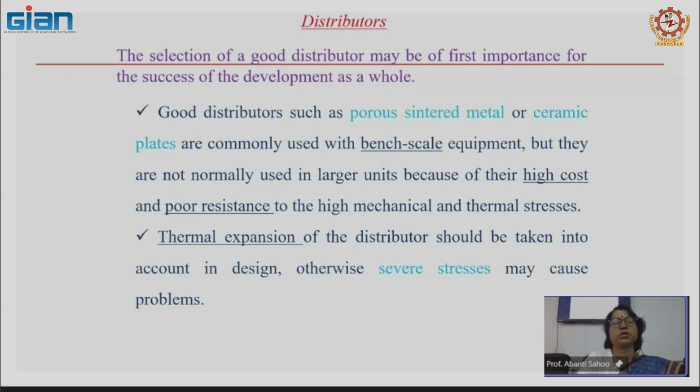Sometimes high temperature reactions may be required to be carried out, where we have to see whether it has the thermal strength or not, and sometimes the distributor may have thermal expansion at very high temperature, and accordingly we have to select the material of construction also. So, the distributor is to be selected properly.